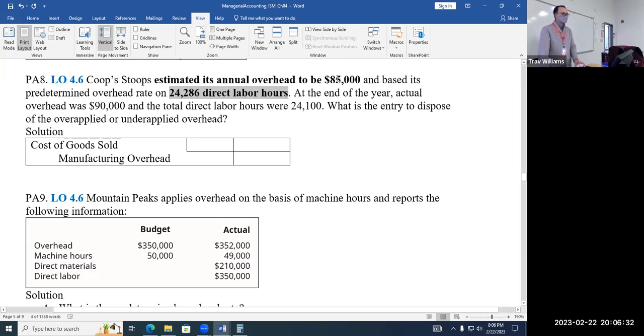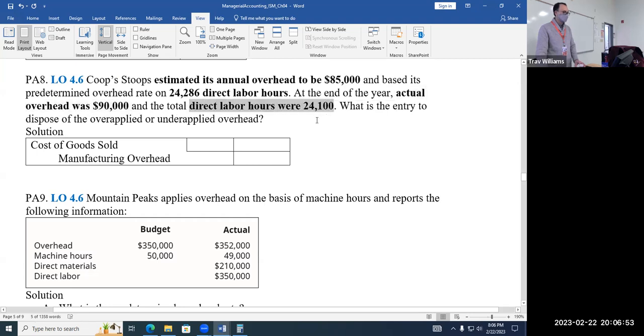So in other words, its estimated overhead was 85,000, and estimated direct labor hours was this number. Now the actual overhead was 90,000, and their actual direct labor hours were 24,100.